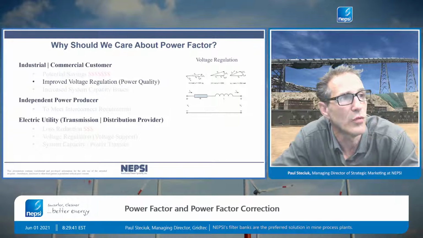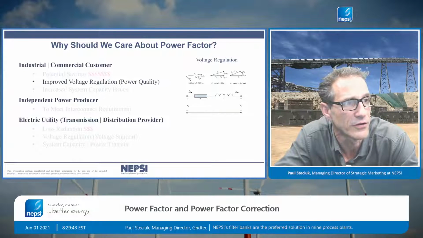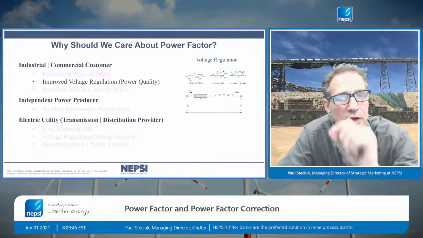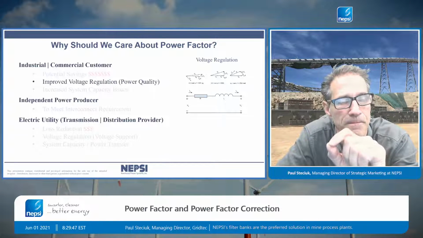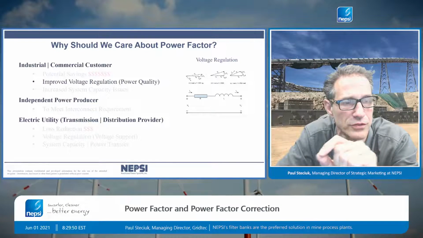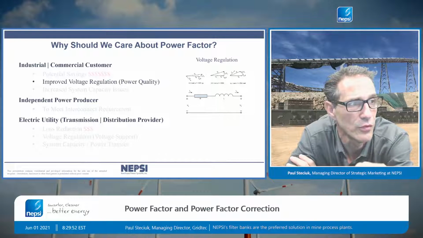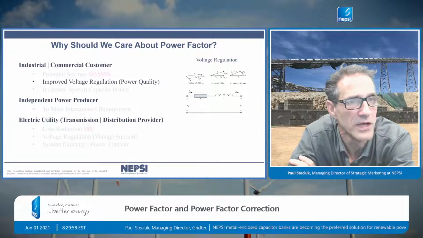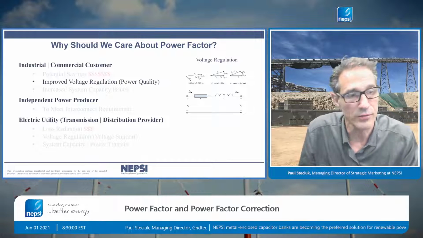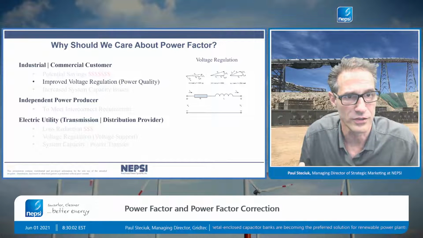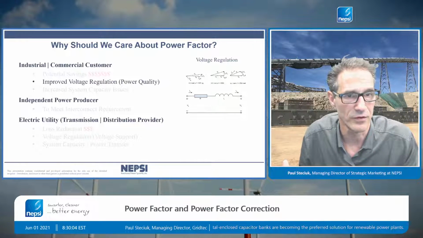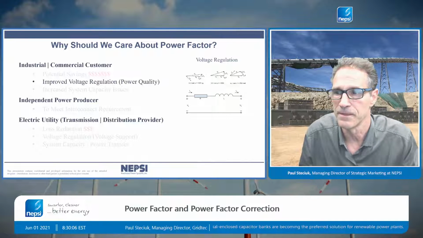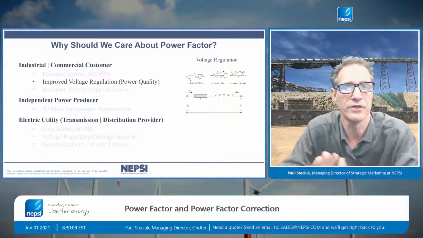So another reason why you should care about power factor is voltage regulation. Reactive power flow through an inductive load creates voltage drop. So the worse the power factor, the more reactive power flow you have, the more voltage drop you have. If you think about an industrial plant, the incoming transformer represents a very large inductance. It's got a leakage impedance associated with it, typically 5 to 10%.